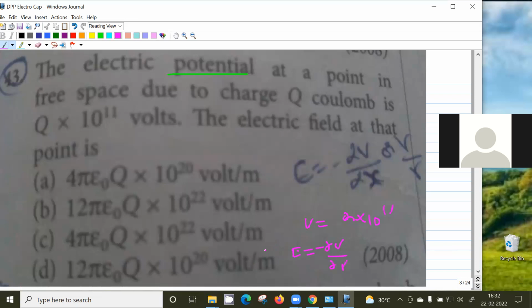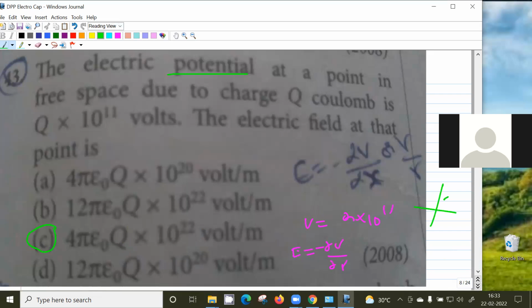What is the answer he has given? 43 lakhs. Which option? C, sir. C, okay. This question doesn't seem to be correct because we should know how the voltage is changing to find the slope of a curve.